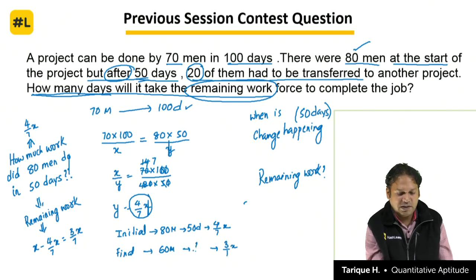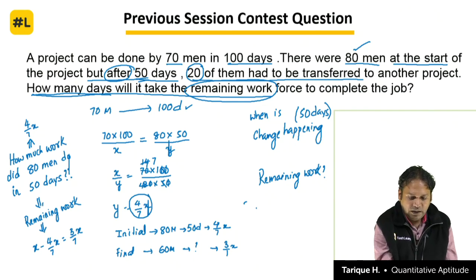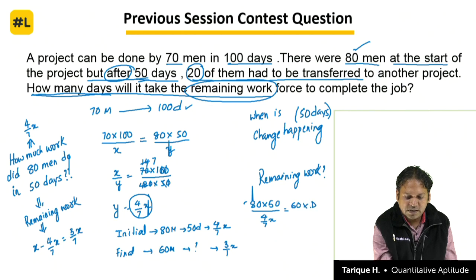So this is just one equation and we quickly can solve it now. So 80 into 50 by 4 by 7x is equal to 60 into number of days by 3 by 7, okay, 3 by 7x. X gets cancelled, 7 gets cancelled, 3 will cancel 60 20 times, 4 will cancel 80 20 times, 20 will get cancelled, D is equal to 50.